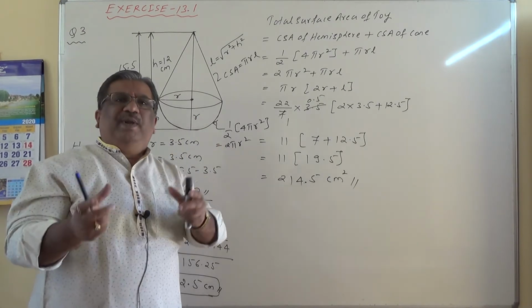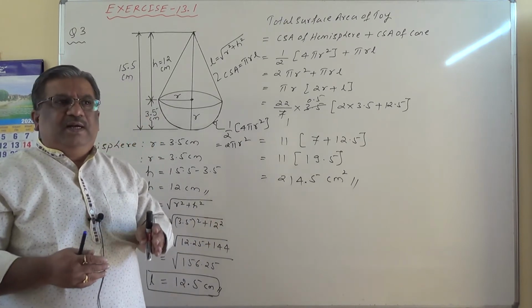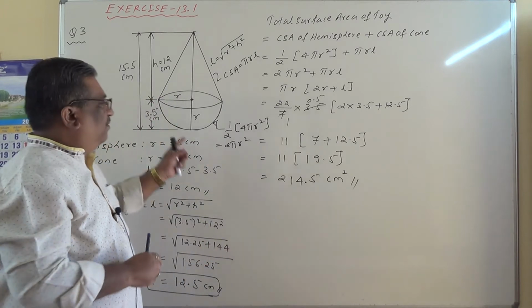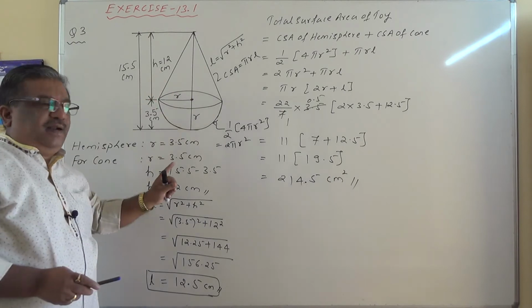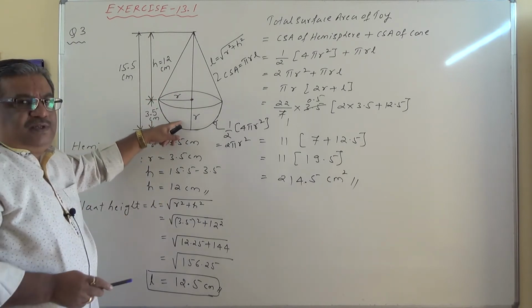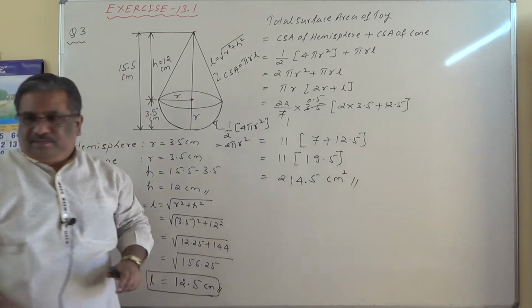These are combinations of solids. Basically, we are solving the numericals on surface areas of combinations of solids. You understand? Therefore, make sure that you understand the geometry of the diagram, then apply a suitable formula, then substitute the values and get the answer. So make a note of this one.